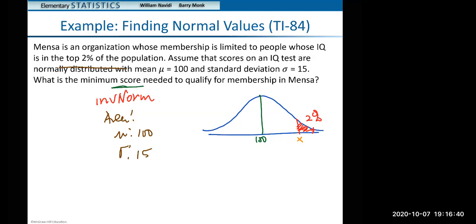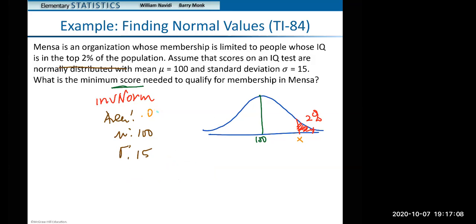Again, for those who have a calculator with a tail, what are you going to do here? To the right side. Yes, very good. Your tail should be to the right. So you have to highlight to the right, and then you just have to enter 0.02. Okay? And you will get the answer.